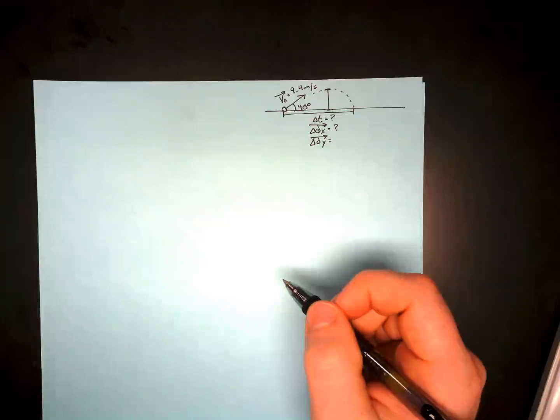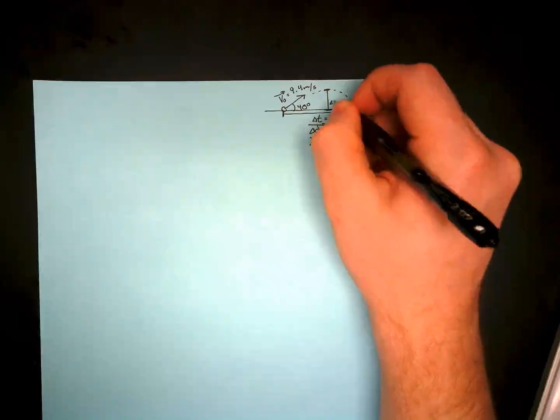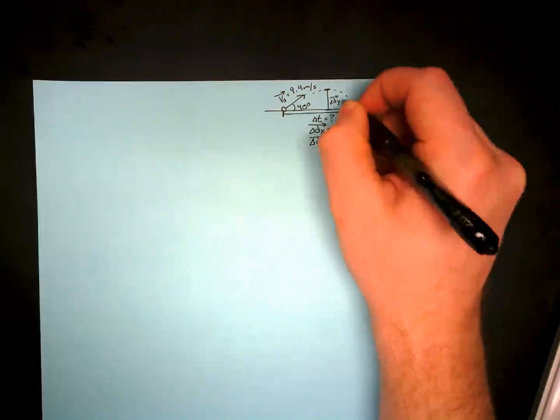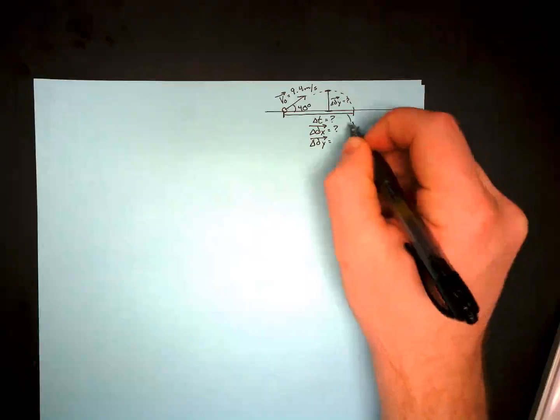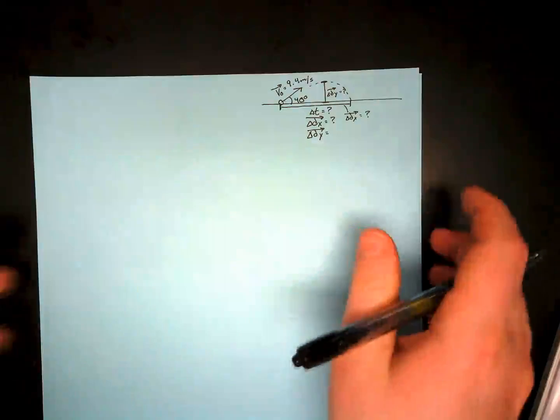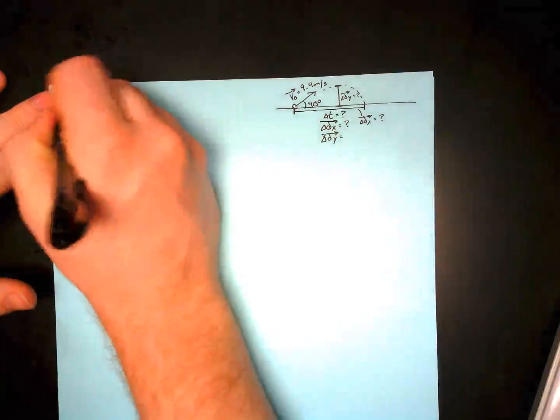Okay, so this is just to associate. Here's this. Okay, that's what we're looking for. And then also the time. So we're going to split these up into x components and y components. Okay.